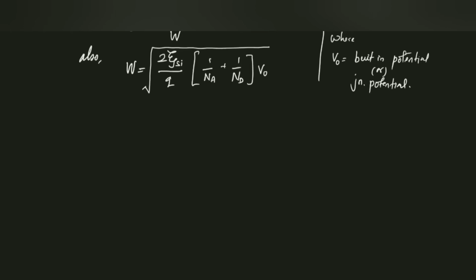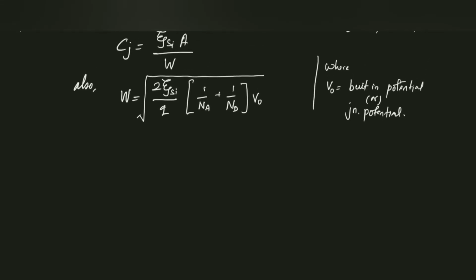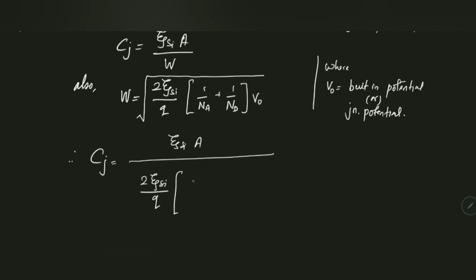Let us substitute the value of W in the above equation for Cj. Therefore Cj can be given as epsilon Si into A divided by W, where W is the root of 2 epsilon Si divided by q times (1 by Na plus 1 by Nd) into V naught.